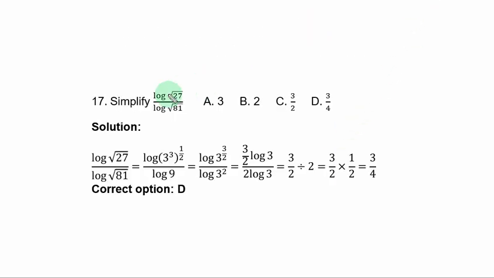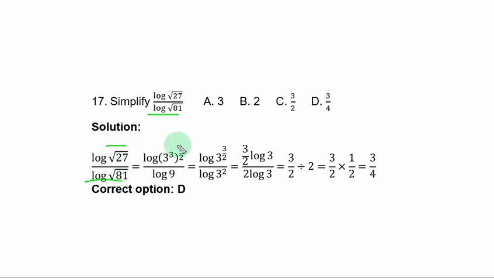Question 17. Simplify log square root of 27 over log square root of 81. Solution. This is the given problem. You cannot check the square root of 27.